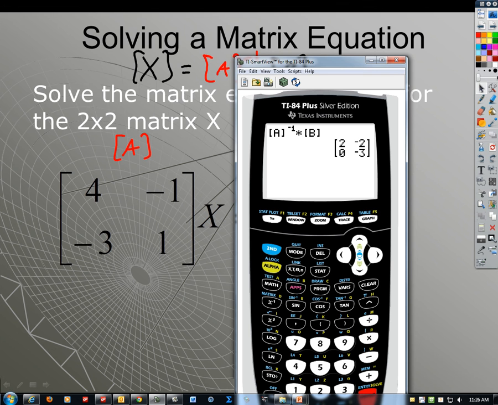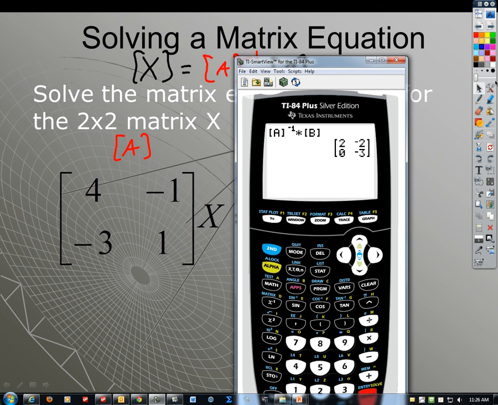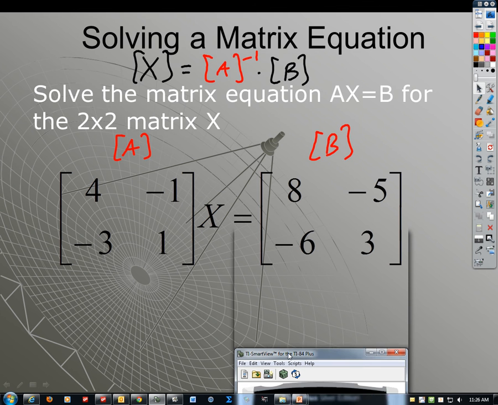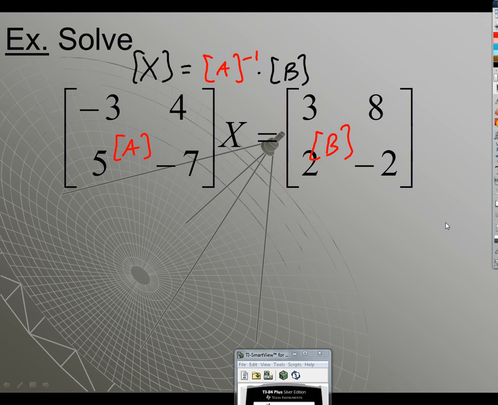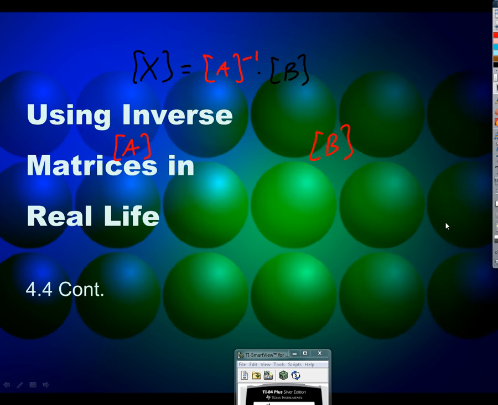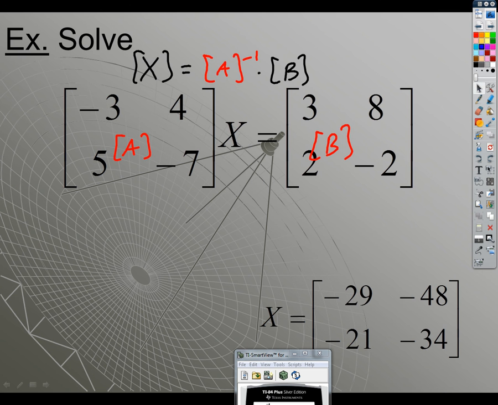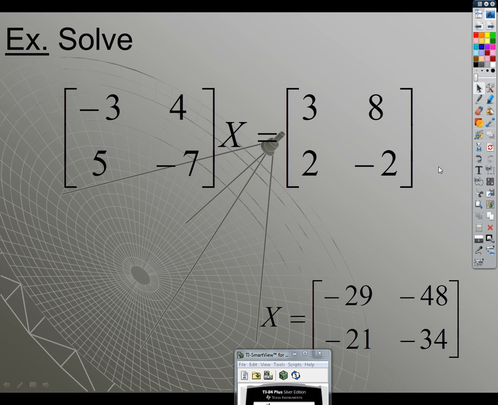The last thing I want to show you is just kind of a fun little application. Encoding and decoding matrices. Okay, so cryptography is the science of encrypting and decrypting messages.